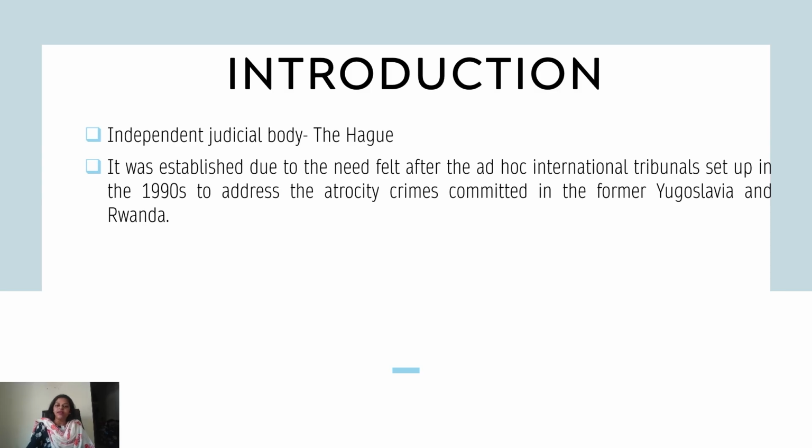The grave human rights violations and atrocities committed there were significant flashpoints, after which ad hoc international tribunals were set up. At the same time, it was felt that there was no permanent body that can look into international crime. With this sense, the International Criminal Court was established.